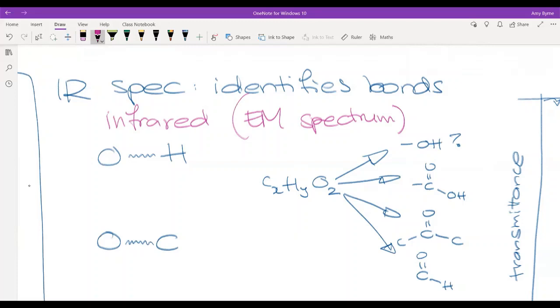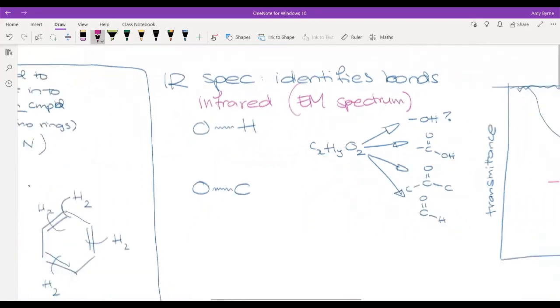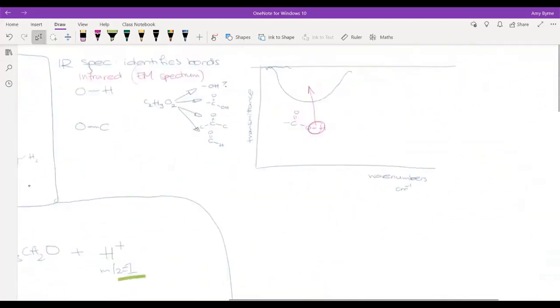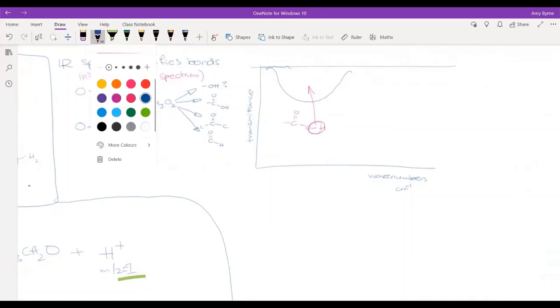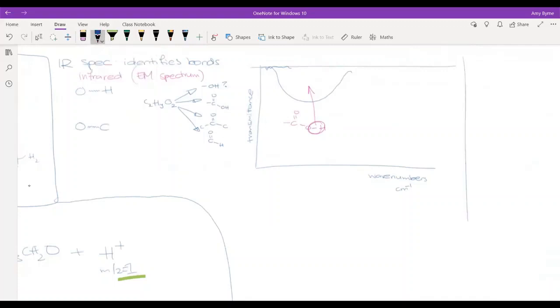That's why these things can act as greenhouse gases, because they trap that heat energy, that infrared energy, in the Earth's atmosphere.